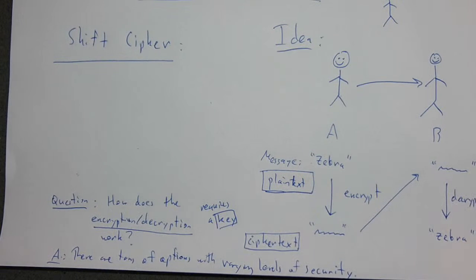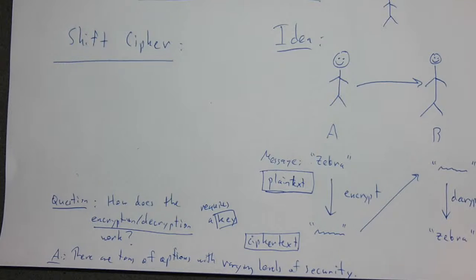So they clearly have to have some extra knowledge that a random person that might intercept the message is not going to have. That's kind of the point. That extra knowledge is the key.